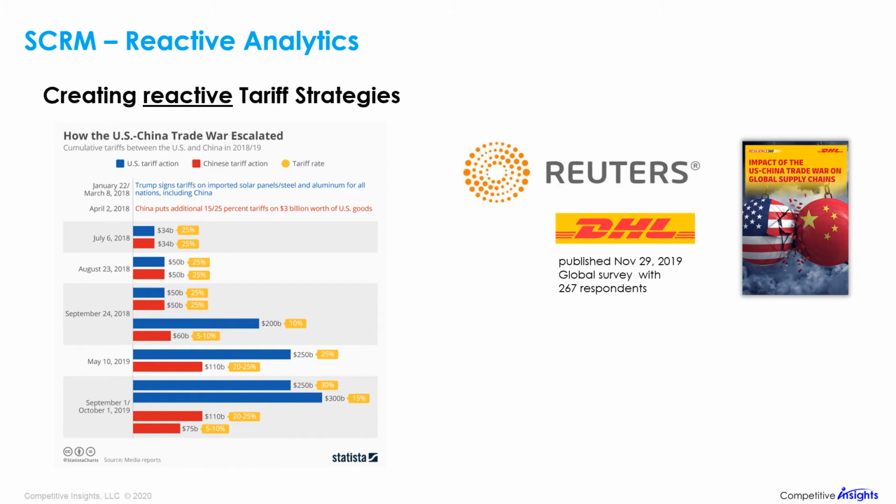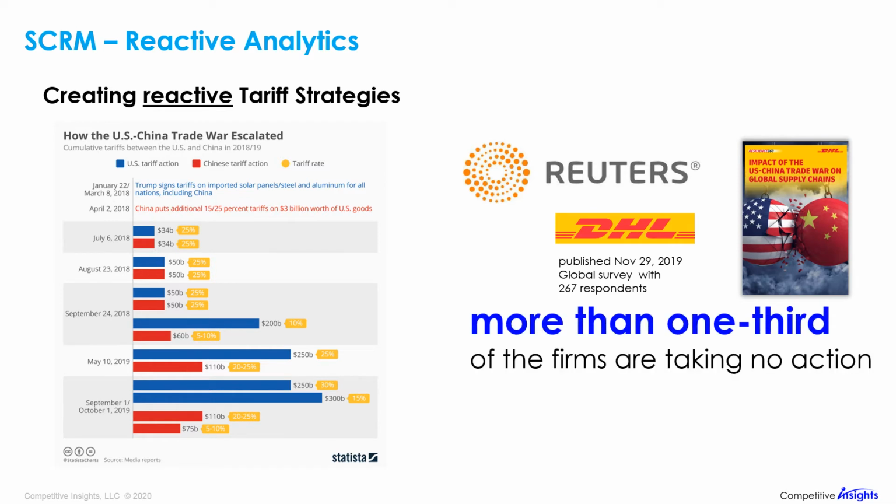And they basically asked, how many of you are creating strategies to be able to smartly handle these tariff increases? What was really surprising about the results is more than 1/3 of the companies, so almost 100 companies, said they were not doing anything. They were just waiting for the problem to go away. And that's probably not a very good answer, what I would think. And so this is an issue that a lot of companies need to address.